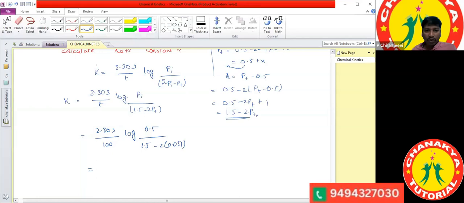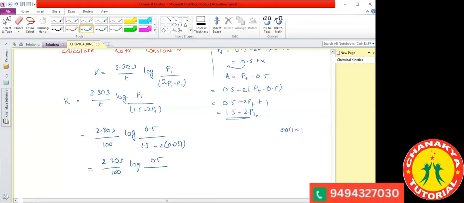So if we simplify 0.5 divided by 1.5 minus 2 into 0.05, how much do we get? 2.303 divided by 100 log 0.5 divided by 1.5 minus this one. If you multiply, what value will you get?